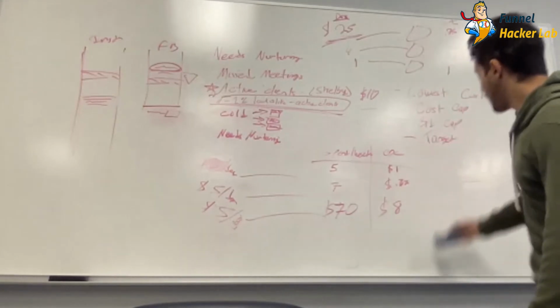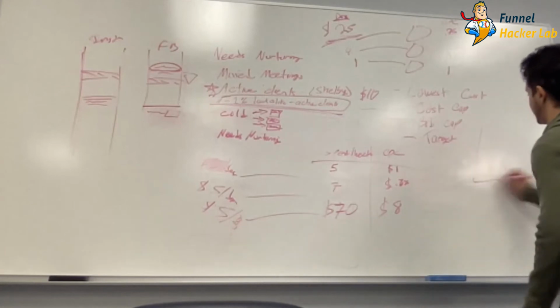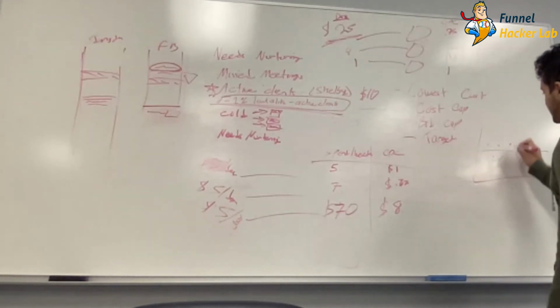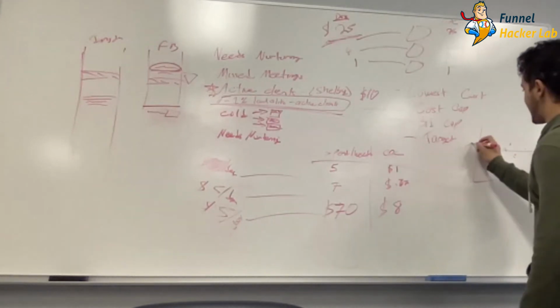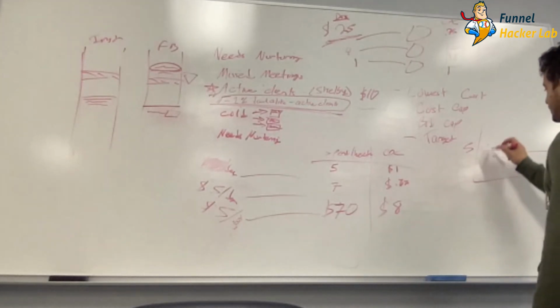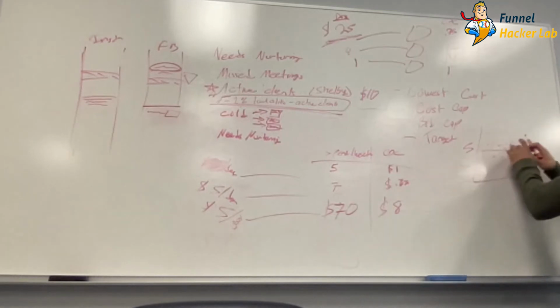What target cost aims to do, if this is a graph, is get everything kind of in the middle. So you set the target cost at like $5 per appointment. It aims to get the appointments at around $5, but it's going to be kind of sporadic. This is the trend line.